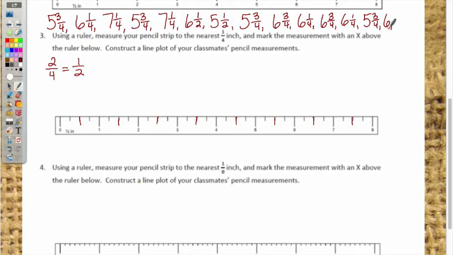McKenna, 6 and 1/4. Maria, 7. Yamale, 6 and 3/4. I'm running out of room. And Haley, 6. Okay, count my numbers. I should have 18.